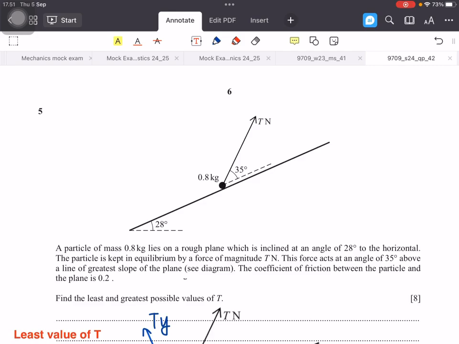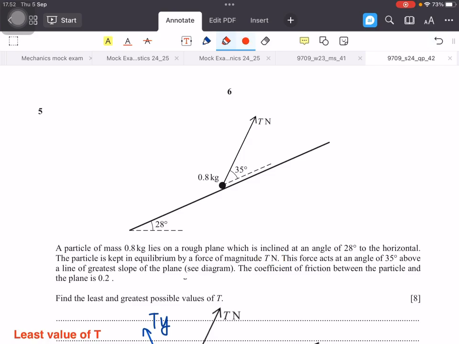So now we continue to question number 5. A particle of mass 0.8 kilograms lies on a rough plane which is inclined at an angle of 28 degrees to the horizontal. The particle is kept in equilibrium by a force of magnitude T newtons.